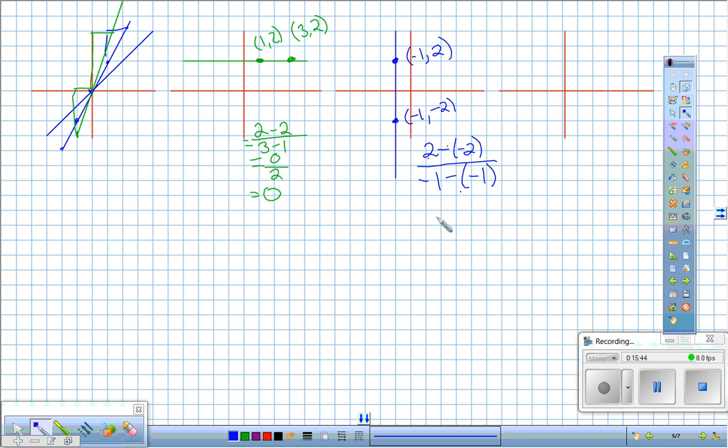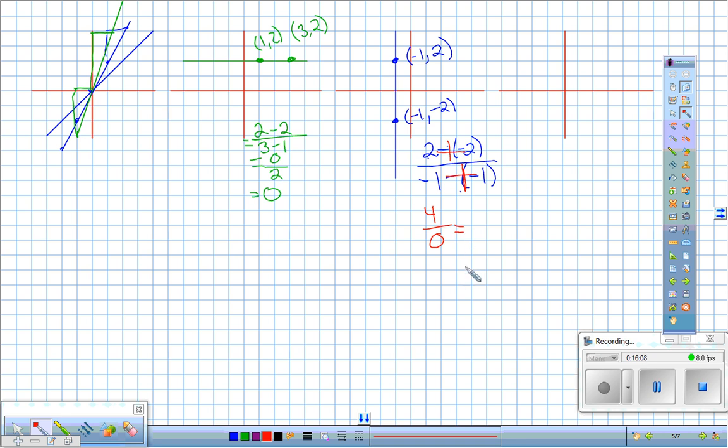Make sure you pay attention to those signs. 2 minus -2 becomes 2 plus 2, so that will become 4 on top. And then -1 minus -1 becomes -1 plus 1, which becomes 0. And I can't divide anything by 0.